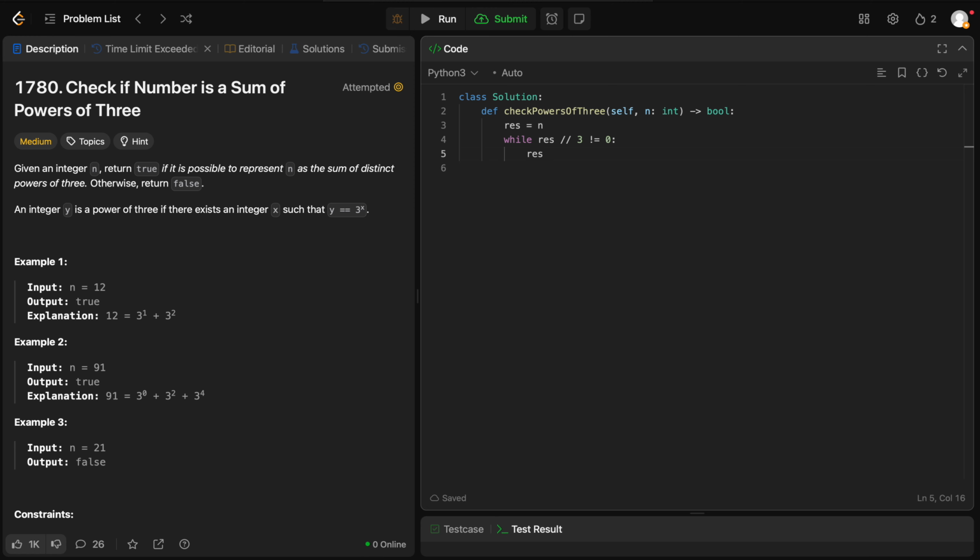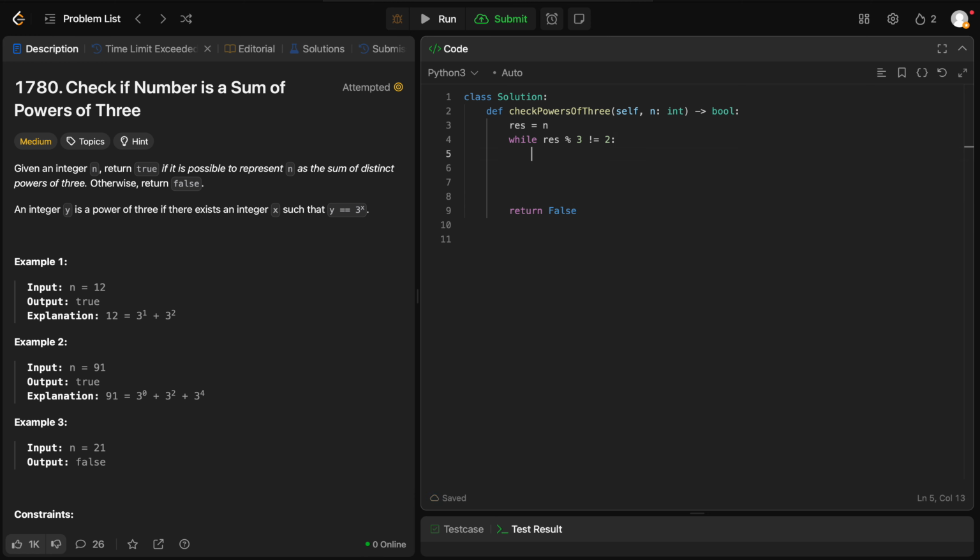And if res... yeah, this res... can I do it like this?